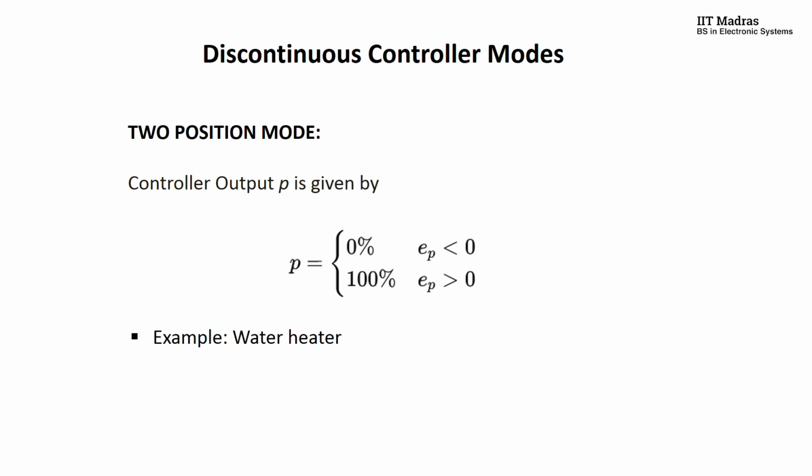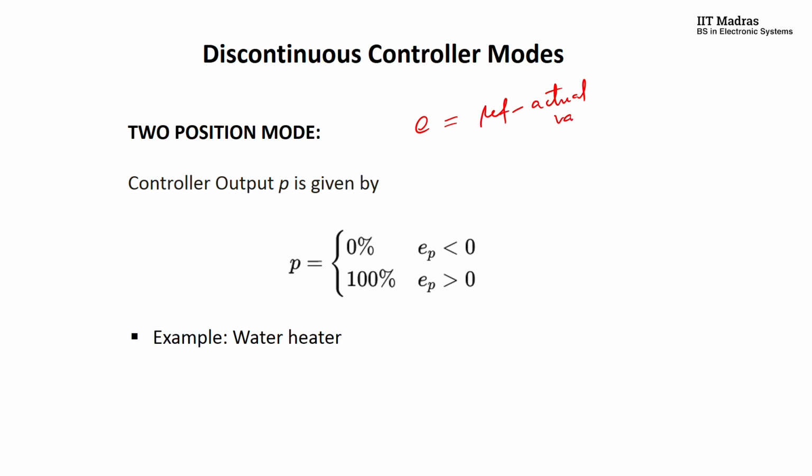The first discontinuous control mode is the two-position control mode. From the definition of this control mode, as I told you, the error is generally calculated as reference minus the actual value.